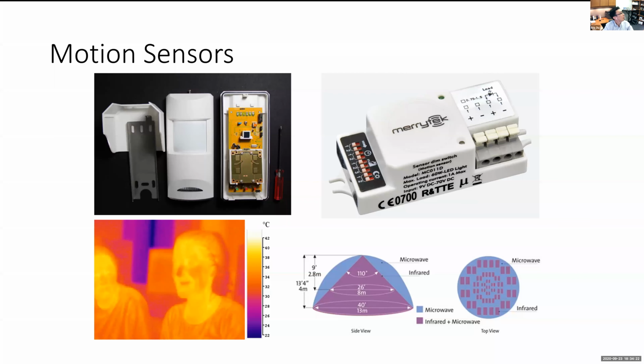I don't think we have one here, but this is so common for residential and commercial use today. For example, for lights, you know, Vale Hall is a building from last century. A lot of modern buildings have these motion sensors or occupancy sensors to control switching the lights on and off, right? That's a very useful application.